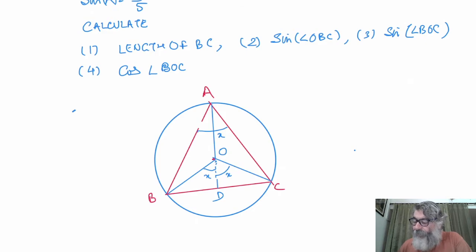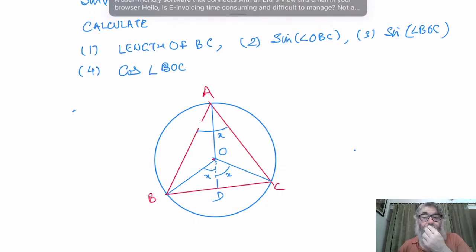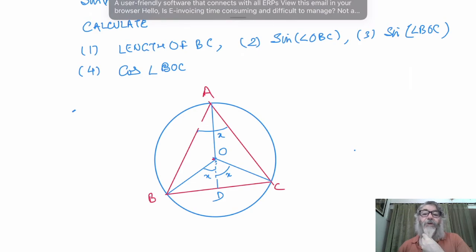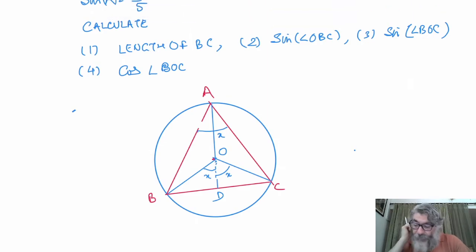Arc BC subtends angle BOC at the center and BAC at the circumference. So if angle A is X, then angle BOC will be 2X. And if I drop a perpendicular from O to BC, it will bisect the chord. It is also a theorem: a perpendicular from the center of the circle to a chord which is not a diameter bisects the chord.